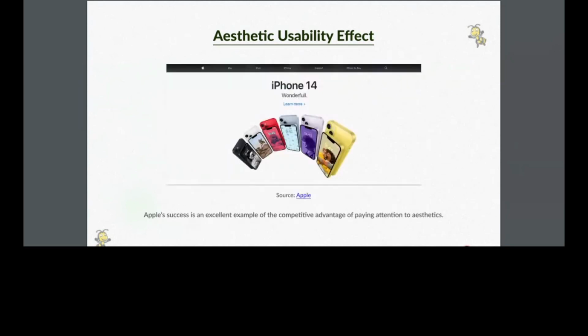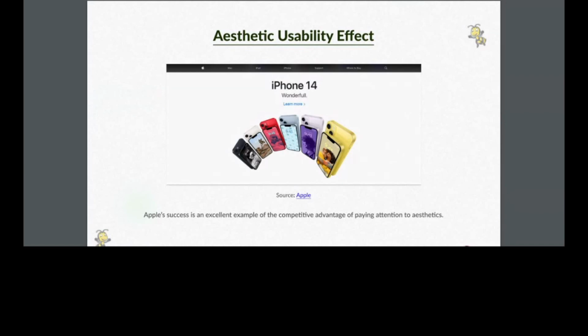A perfect example of a brand that uses this effect to its advantage would be Apple. We all know Apple. Apple keeps on releasing updates upon updates upon updates. And if you pay attention, most of these updates, I wouldn't say are so enormous, but we find out that something is always standing out: the aesthetics.